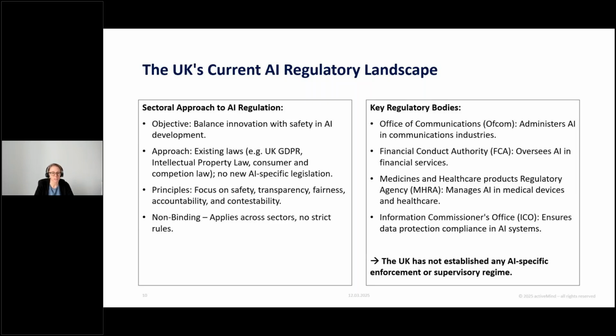I mentioned already the UK General Data Protection Regulation, intellectual property law, consumer and competition law, but at the moment there is no new AI-specific legislation. So you have to navigate through the existing legal landscape to see how those laws affect your AI technologies and systems that are in use or that you are about to develop.